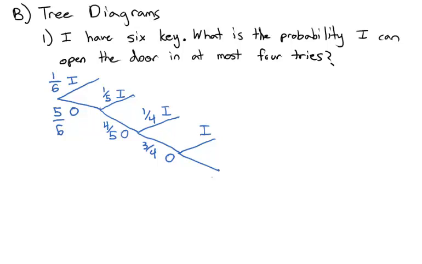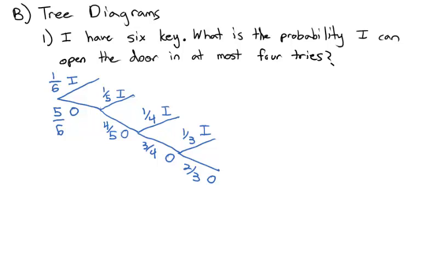And I'll either get in on the 4th try or I'll be stuck out on the 4th try. With only 3 keys left, there's a 1 in 3 chance I get in, and a 2 in 3 chance I'm still stuck out. This tree helps me organize all my probabilities, especially as they're changing. These are very conditional probabilities.